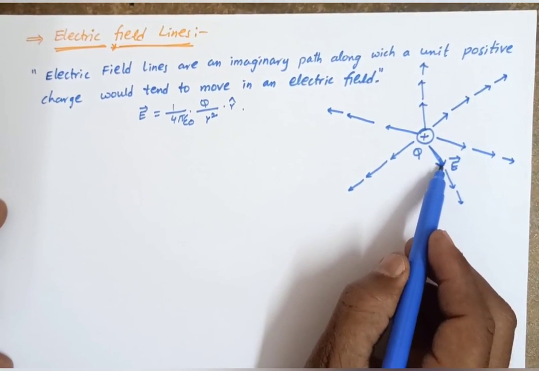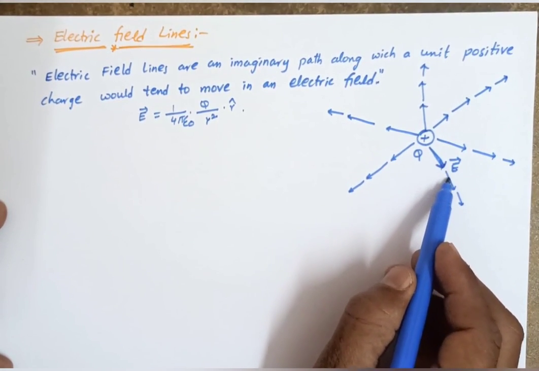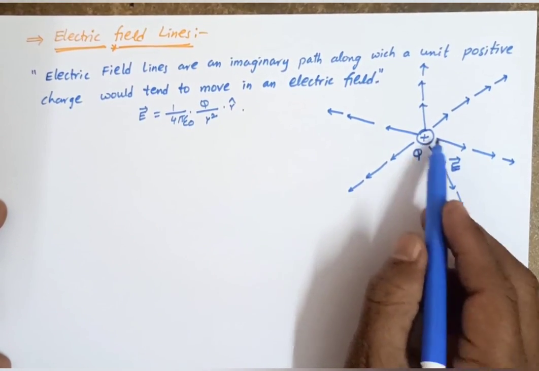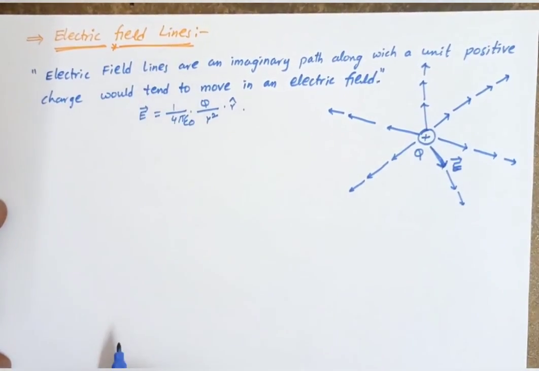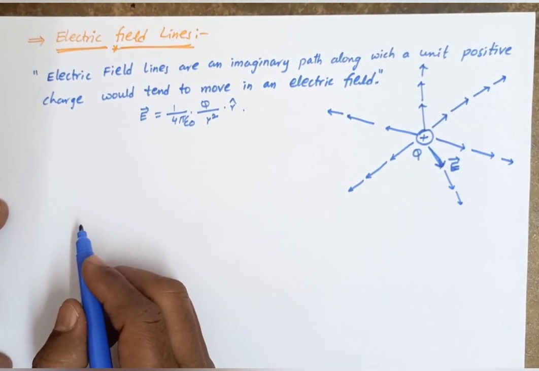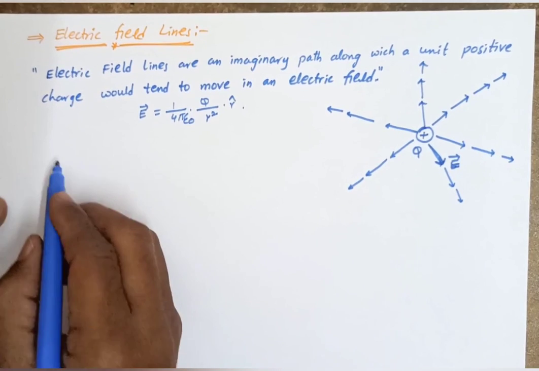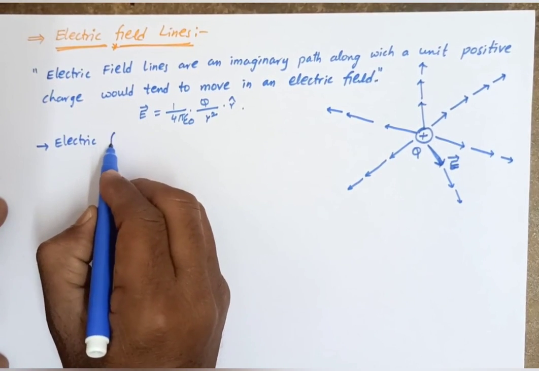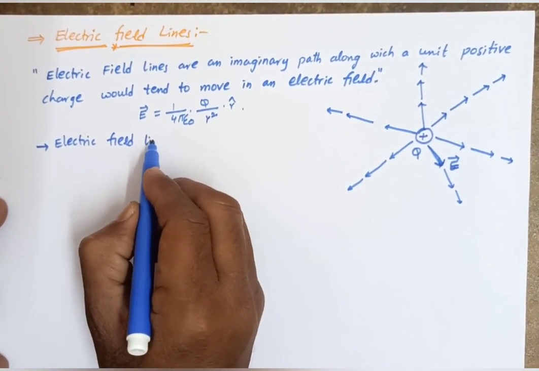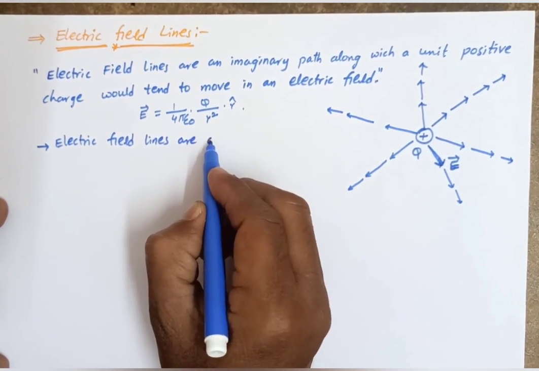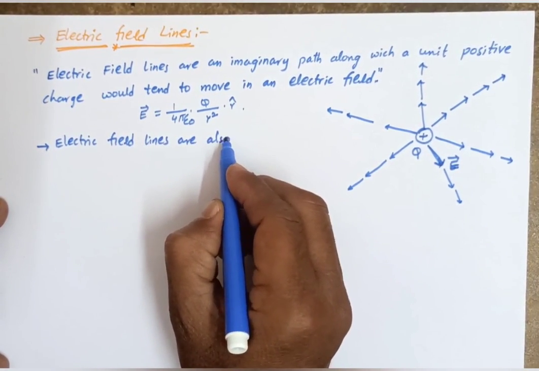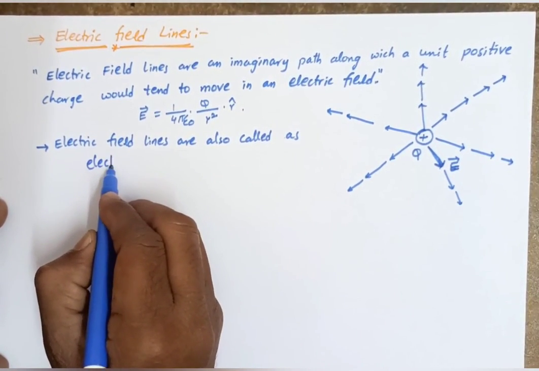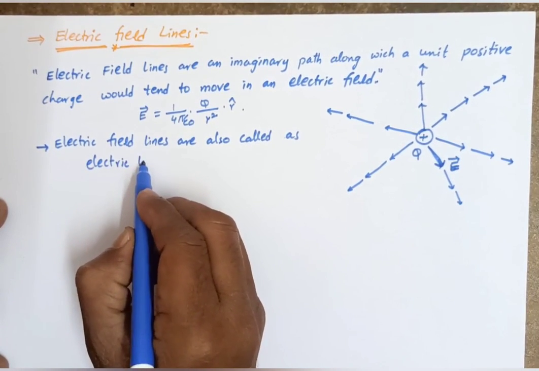When we connect these points along the imaginary path of a unit positive charge, these are called electric field lines, also called electric line of force.